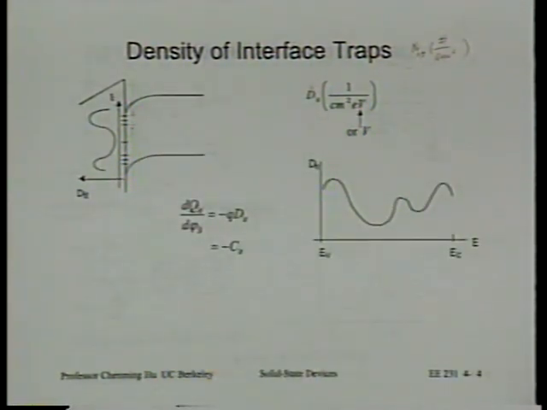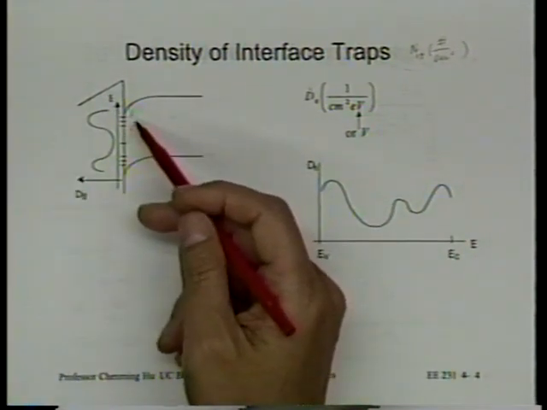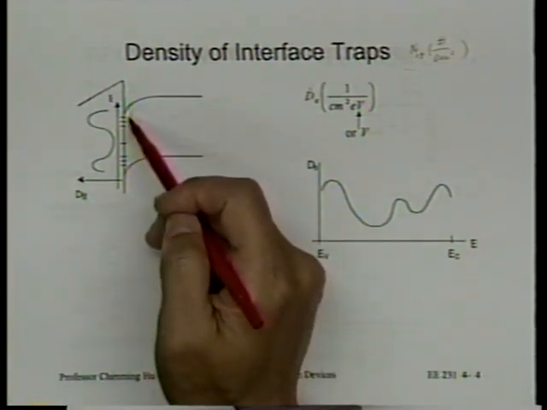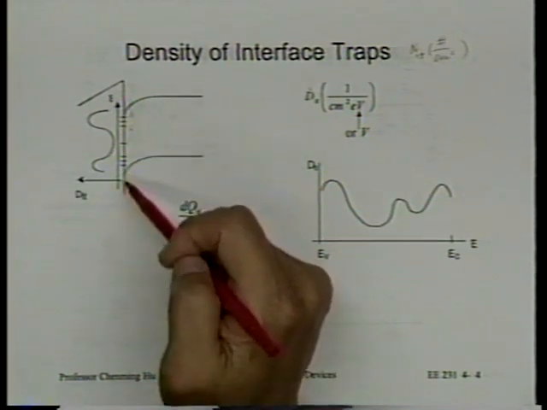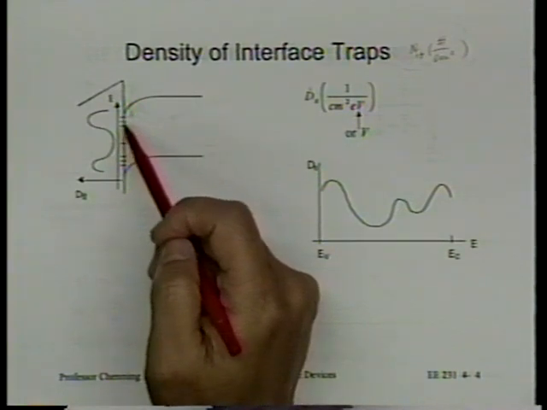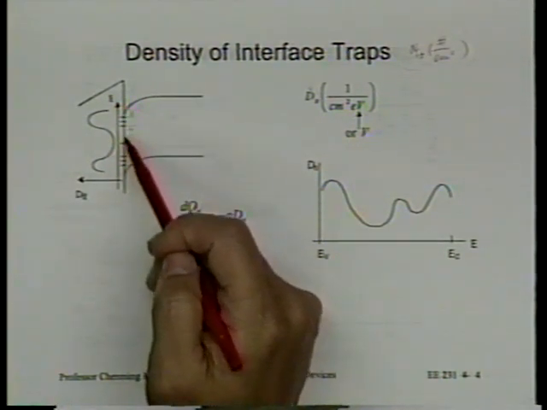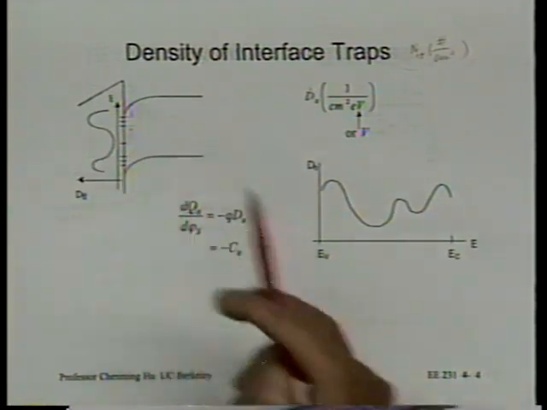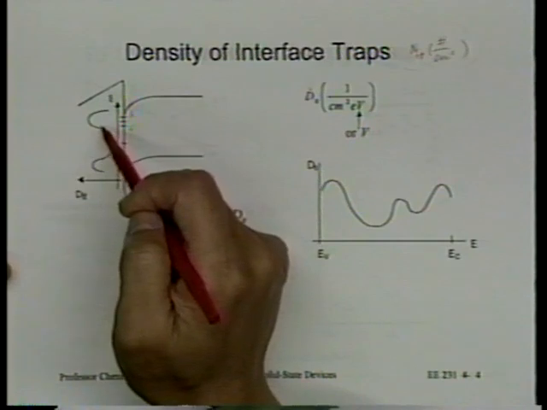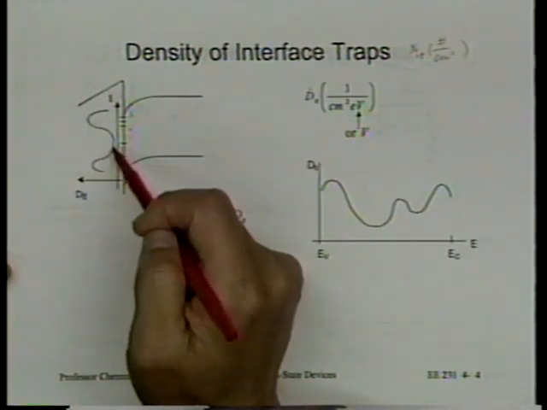Per eV is too large a unit, so say per milli-eV. And it just so happens that the density may not be uniform across the band gap. You probably expect there may be more near the band edge and fewer near the middle of the band gap, and that's absolutely true. So typically there are more traps near the edges and fewer traps in the middle.